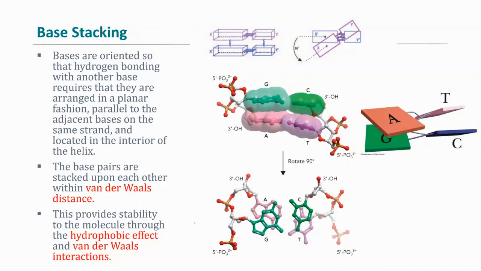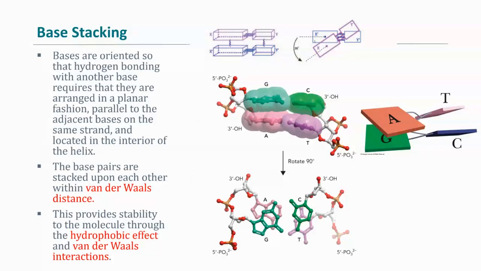And base stacking, right? So base stacking is just the neighboring base pairs, right? They have to shift 36 degrees because one turn is 360 degrees for around 10 base pairs. Therefore, each neighboring base pair shifts 36 degrees.